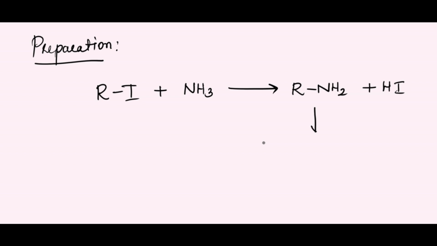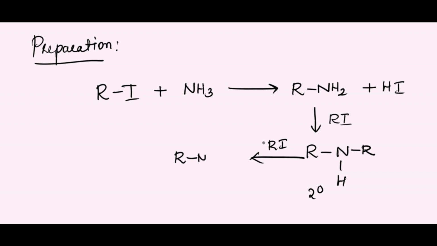In case I am using RX again, then it will lead to a secondary amine. Once again, if there is RX, then it will produce a tertiary amine. If I am adding RX one more time, it becomes a quaternary ammonium salt.